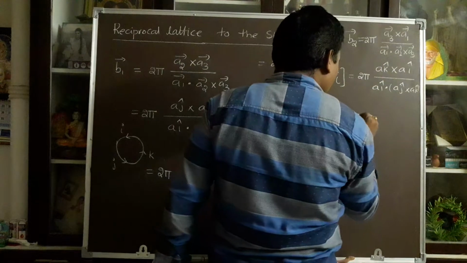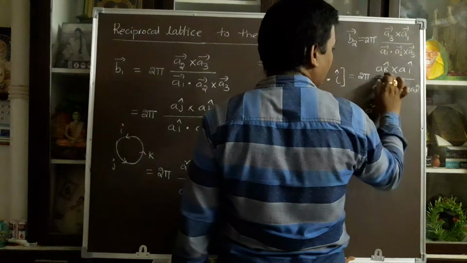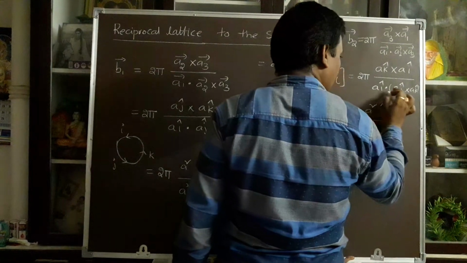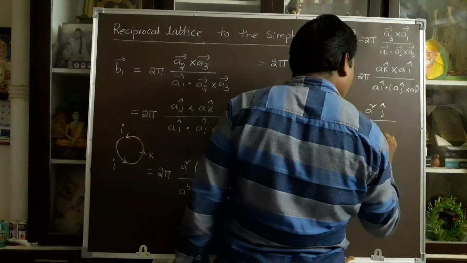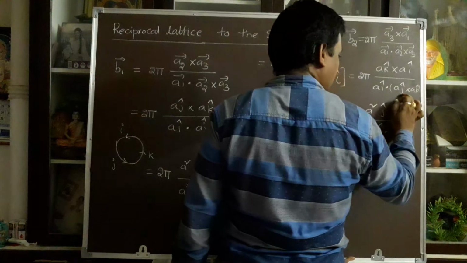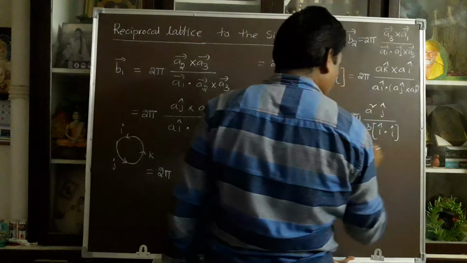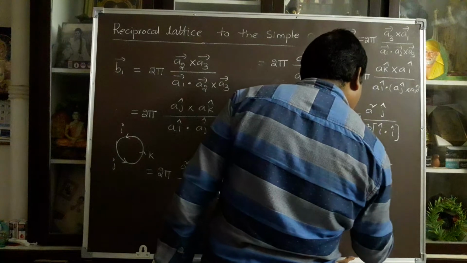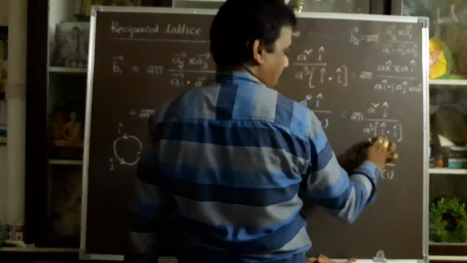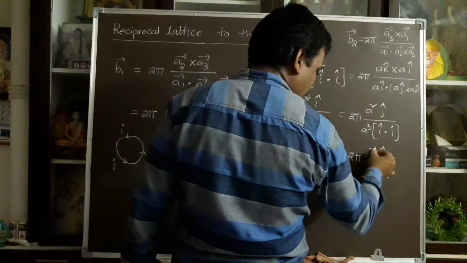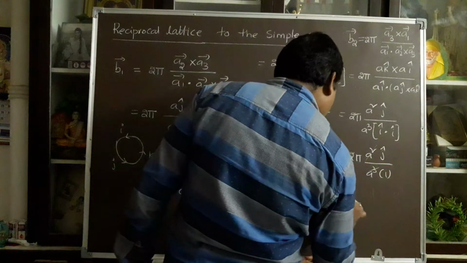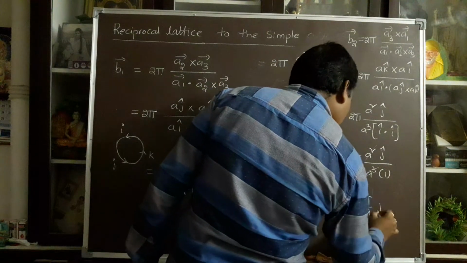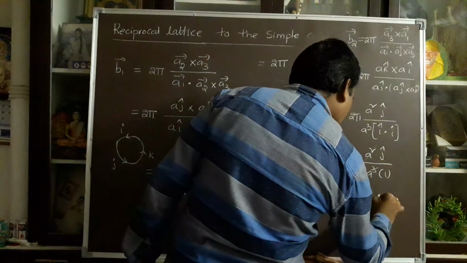So 2 pi into a square into k bar cross i bar, which is j bar, divided by a cube into i cap dot j bar cross k bar, which is i cap. So 2 pi into a square j cap divided by a cube into i bar dot i bar, which is 1. The a square gets cancelled, and you get b2 bar equal to 2 pi by a into j cap.